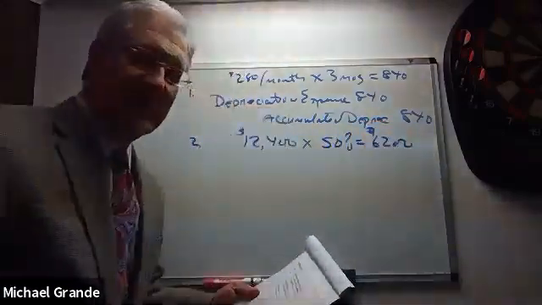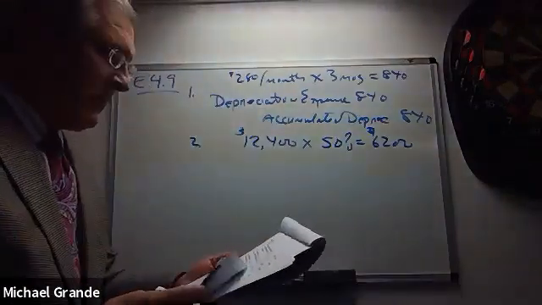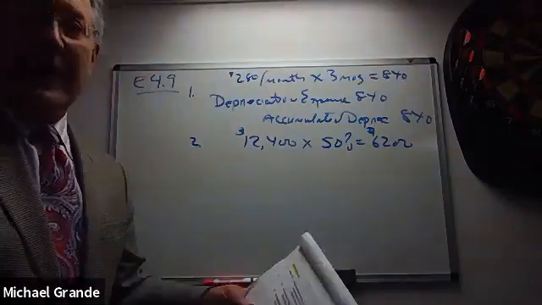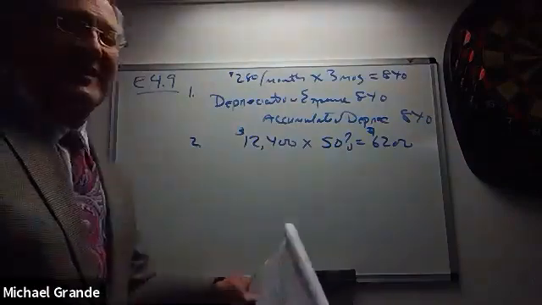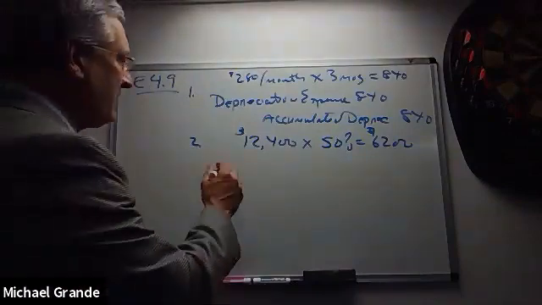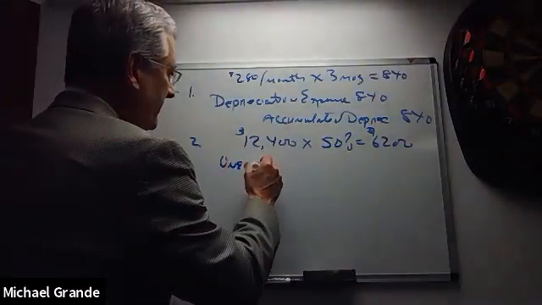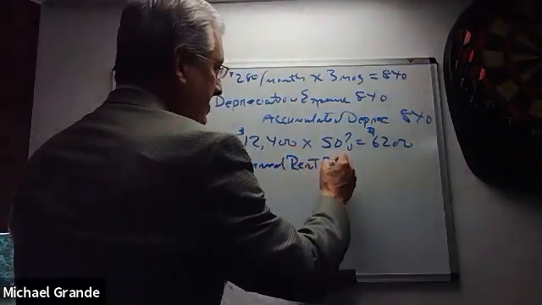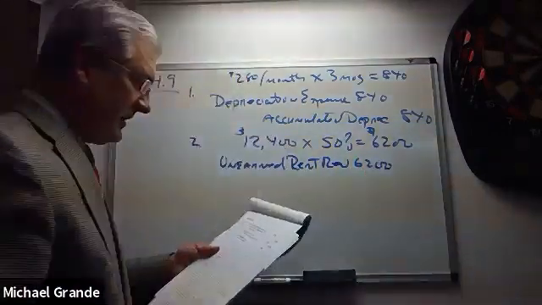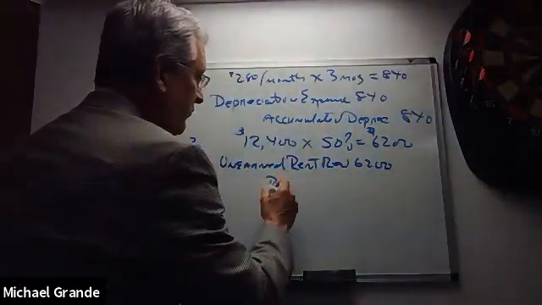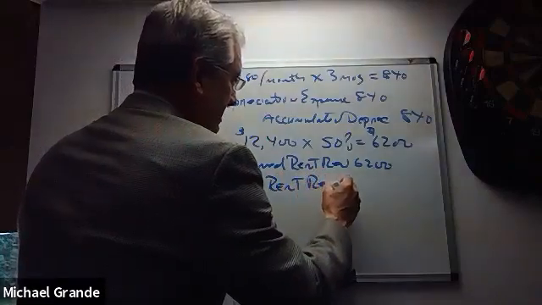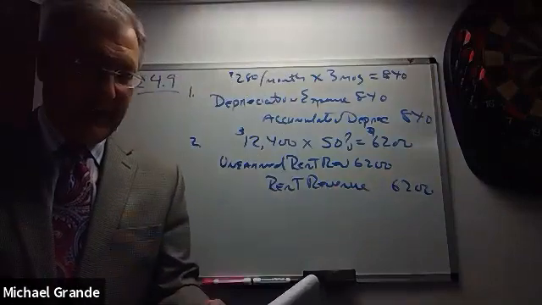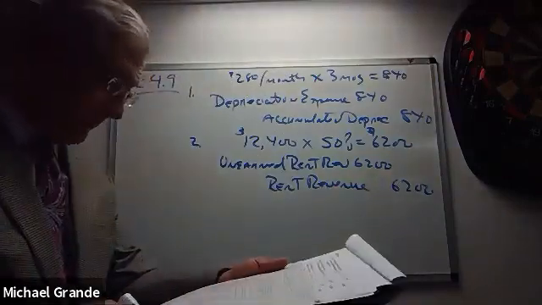So $6,200 of the unearned has been earned, so we need to reduce the unearned. The unearned is a liability, an obligation to perform. So to decrease a liability, we're going to debit that. So it's a debit to unearned rent revenue, the $6,200, and a credit to rent revenue. It's a revenue account, and we increase a revenue account with a credit.